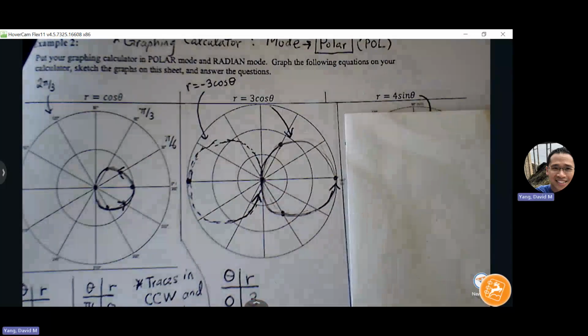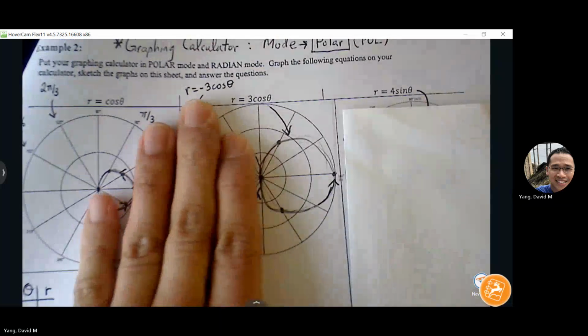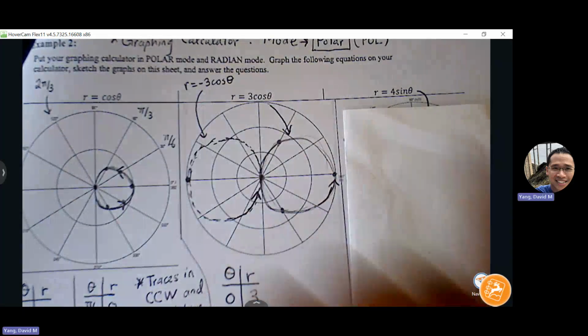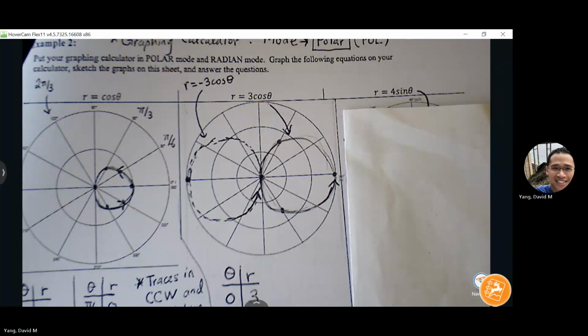And then also notice your cosine circles will be symmetric about the what? Yeah, symmetric about the x-axis. So likewise, what do you think the sine will look like about the y? Yeah, so see if you can sketch r equals 4 sine theta and r equals -4 sine theta. You don't have to do a whole lot of ordered pairs.